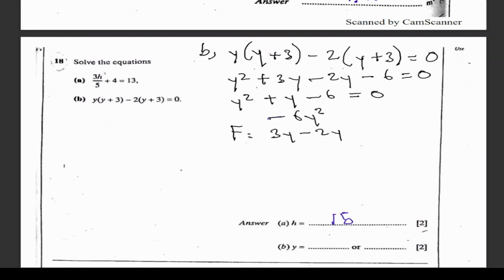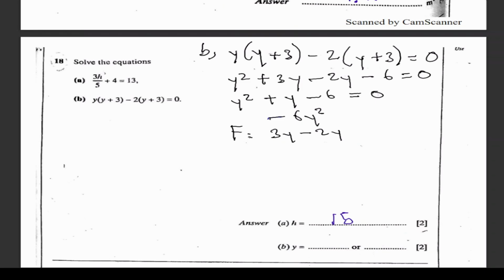Then we put our sign, negative sign. Then we test our factors. We test our hypothesis. 3y minus 2y, for sure it is y. 3y times minus 2y, for sure it is minus 6y squared. So these are correct factors.